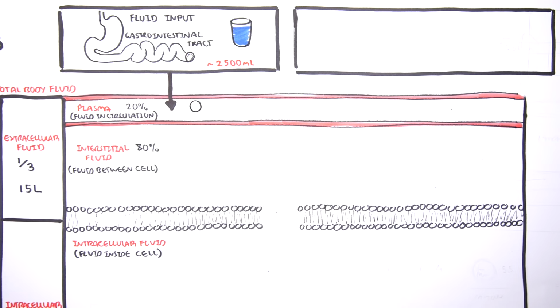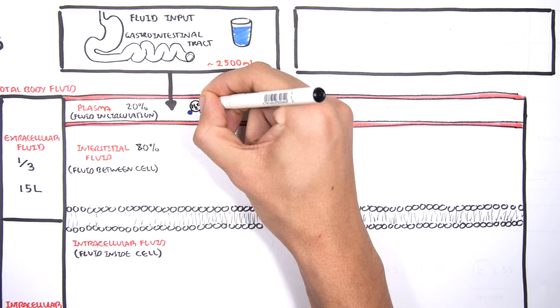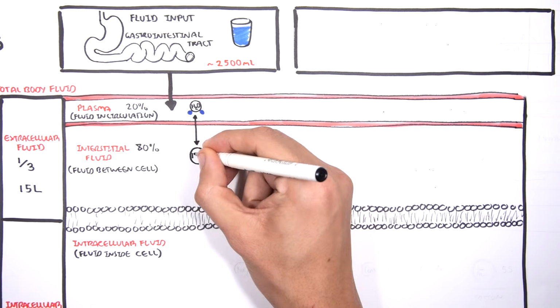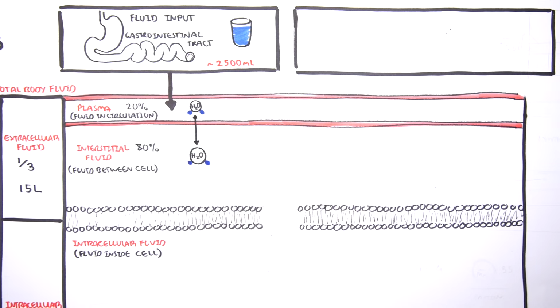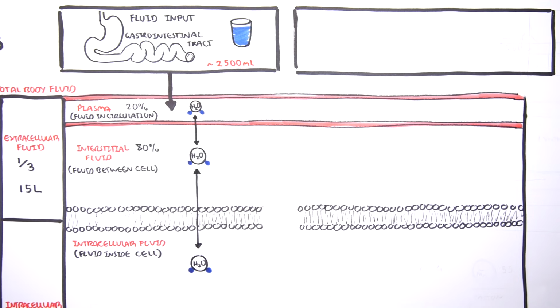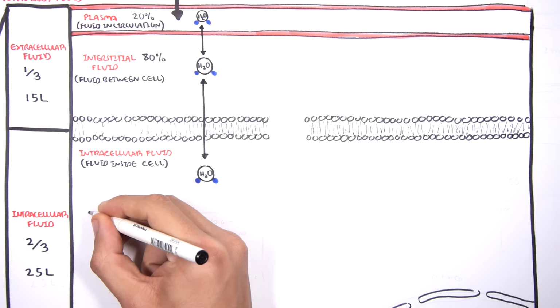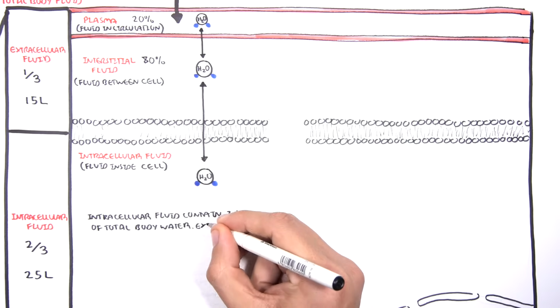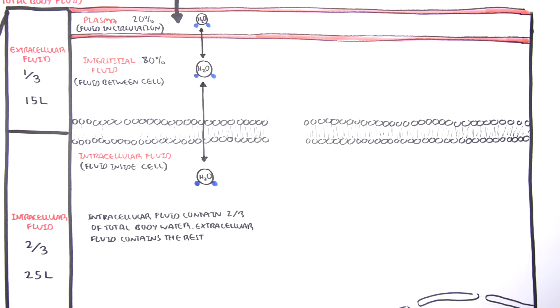And of course, water enters the extracellular fluid first from the gastrointestinal tract. Water can then move between the different fluid compartments in the body like so. Intracellular fluid contains 2/3 of the total body water. And again, extracellular fluid contains the rest, only 1/3.